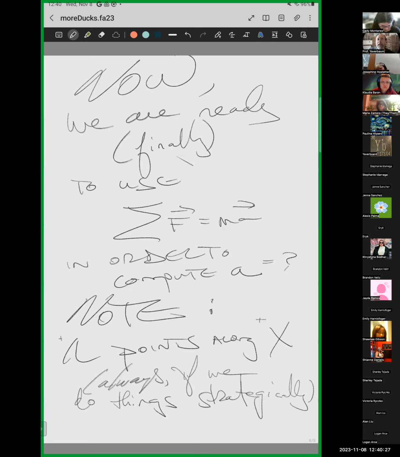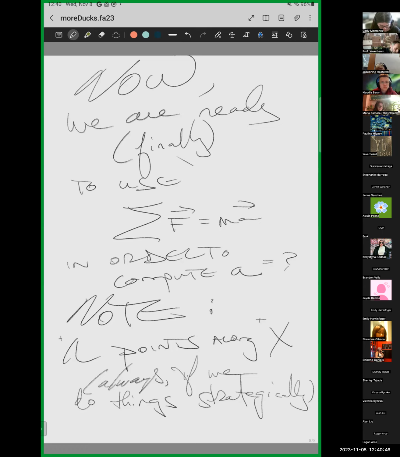Always start with the axis that you don't care about. The axis that you're really solving for at the end of the day, leave for the end, because you're going to get information from the other axis that you're going to need for the final axis.